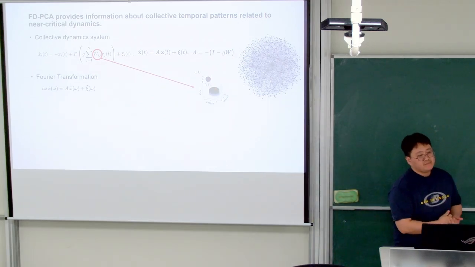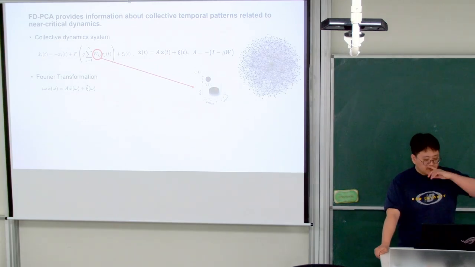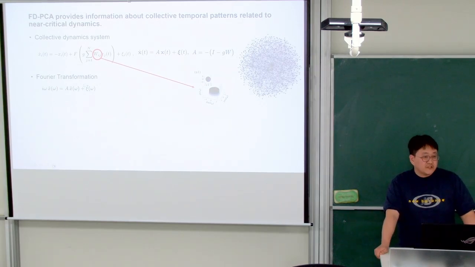So the nodes have no particular meaning. It's not like one node is equal to one neuron in the brain or anything. They consider auto connection, and they actually use the normal distribution to get this W matrix. W matrix is the adjacency matrix. So yeah. Okay.